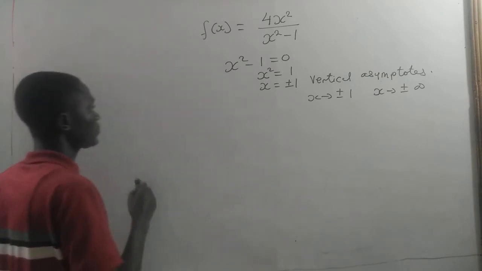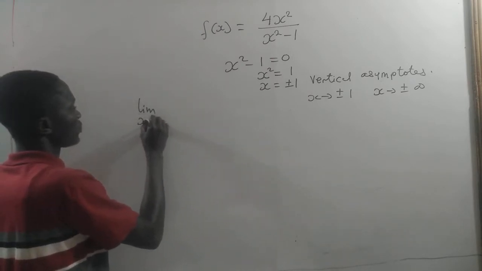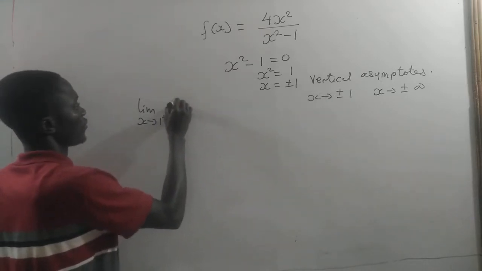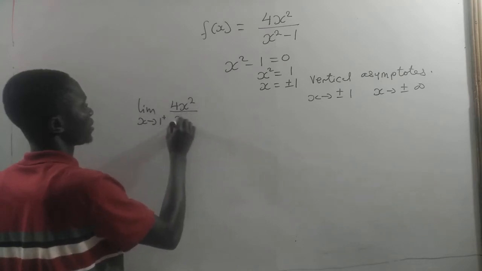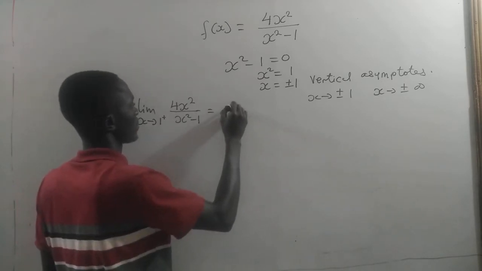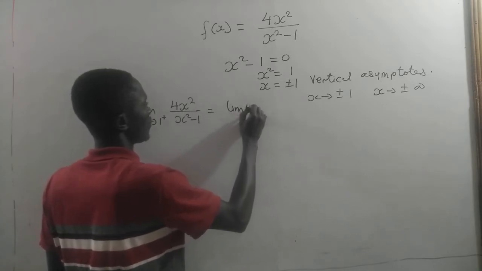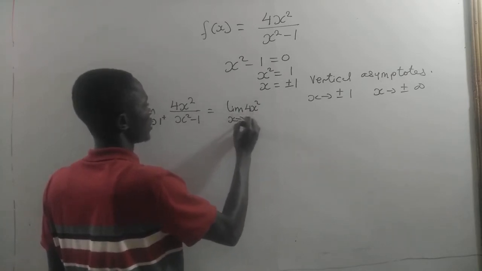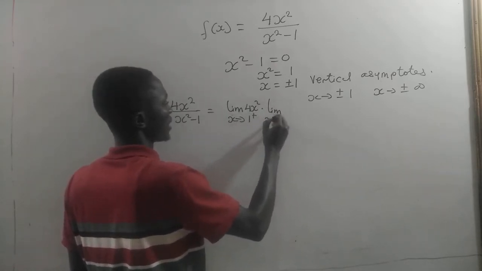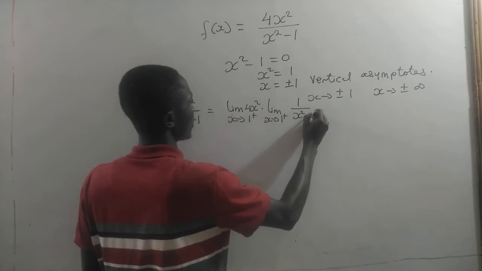Now let's take the limit as x approaches positive 1 from the right of 4x squared divided by x squared minus 1. This is the same as writing the limit of 4x squared as x approaches positive 1 from the right times the limit as x approaches positive 1 from the right of 1 divided by x squared minus 1.